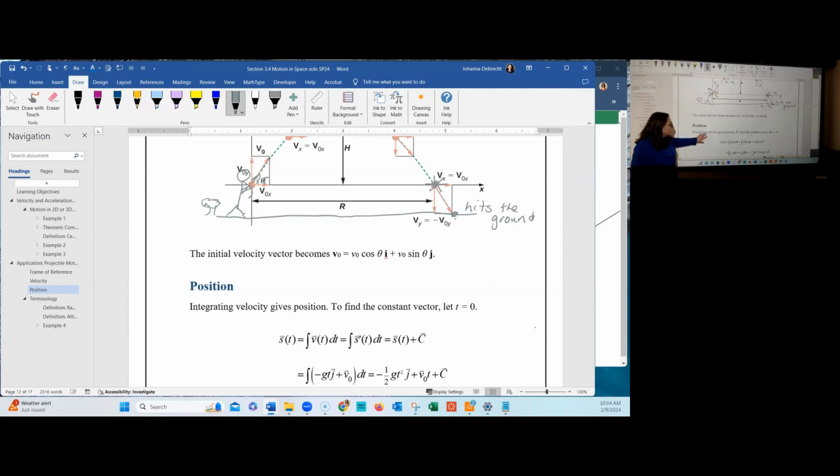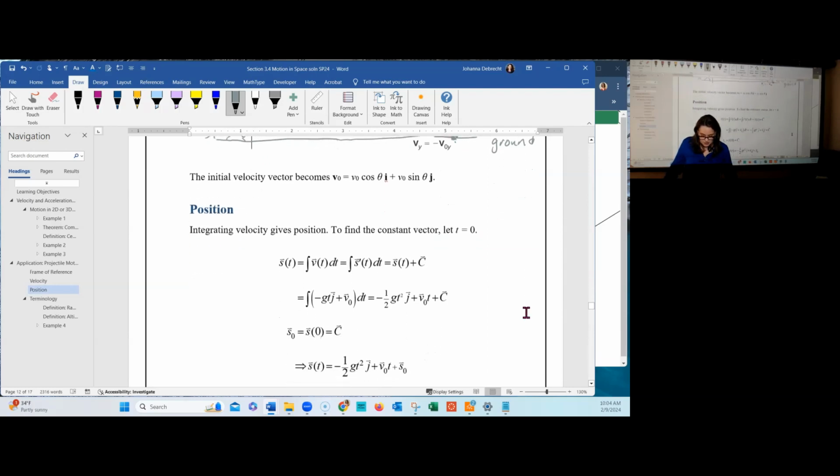If we integrate velocity, that should give us position. And to find the constant vector that you get as a result of integrating a vector valued function, you want to let t be 0 and find out something about the initial position.